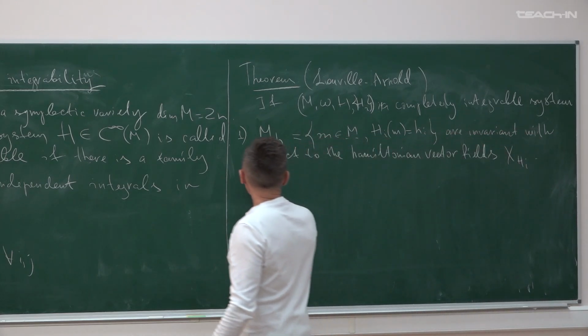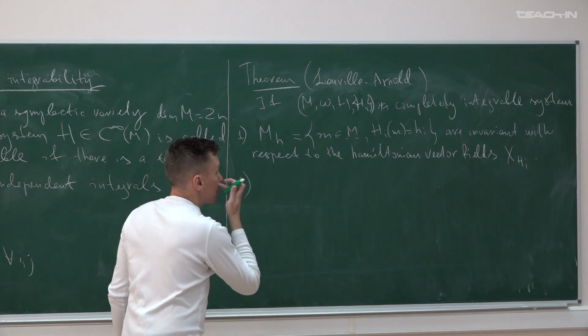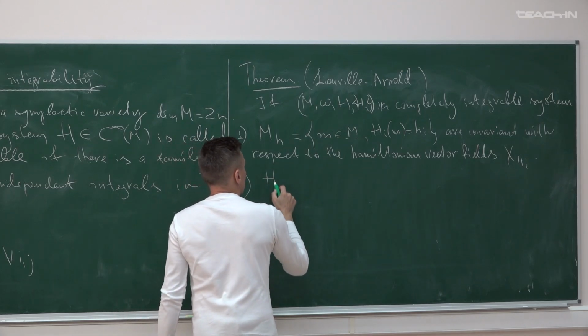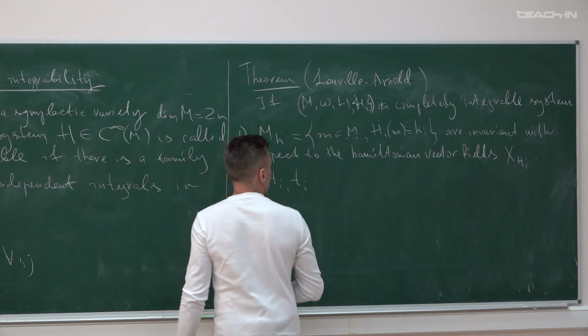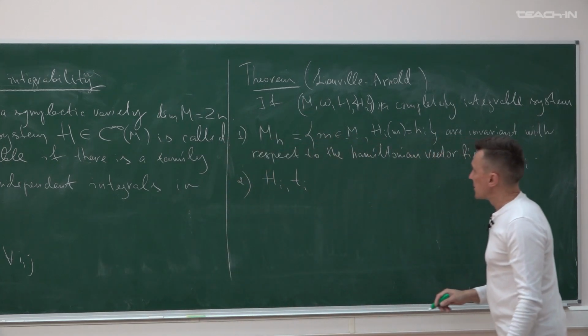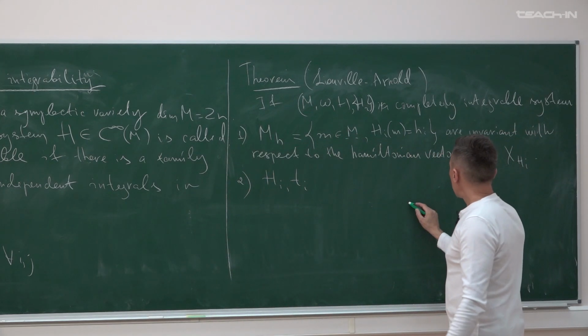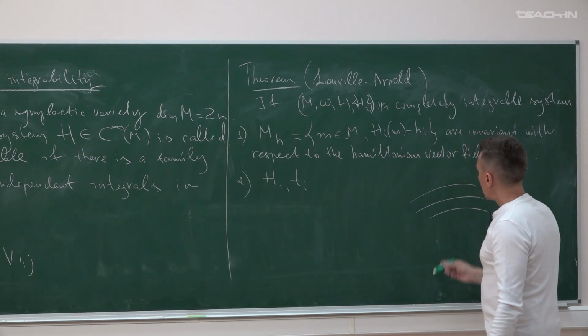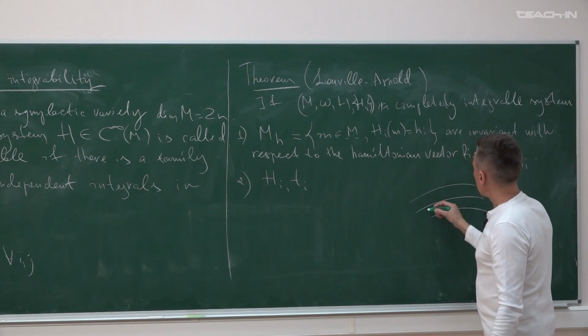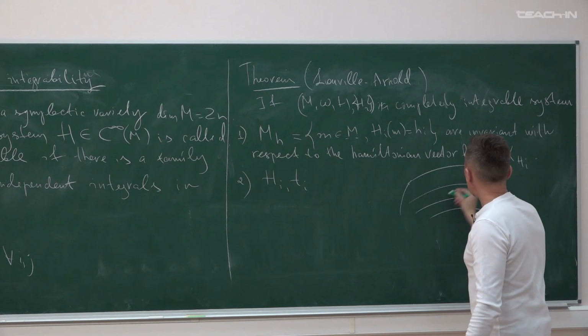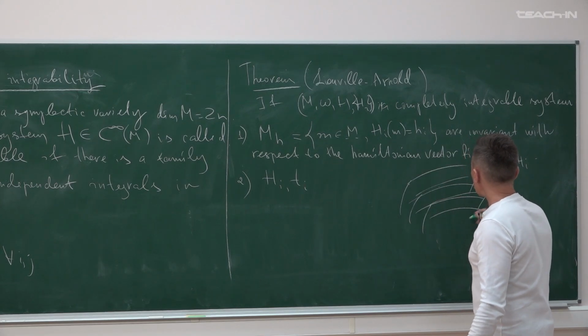So we can introduce variables like h_i and t_i also in the foliated space.